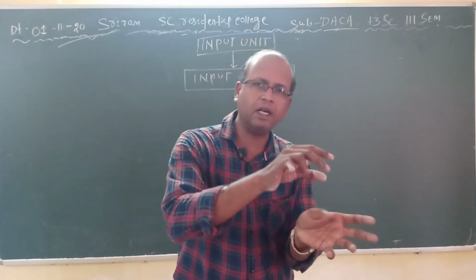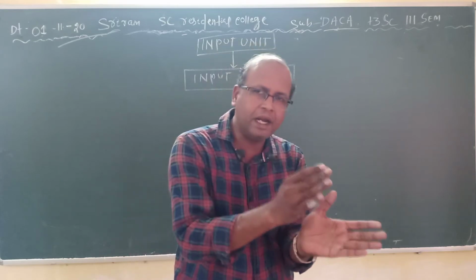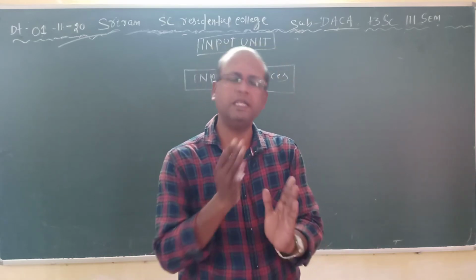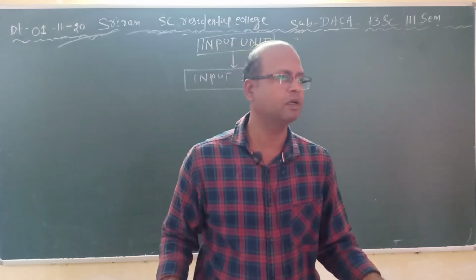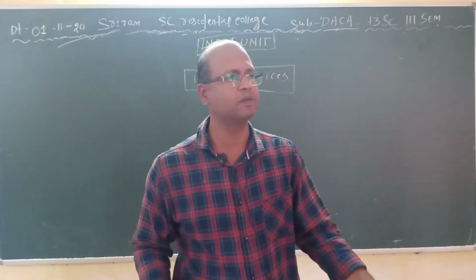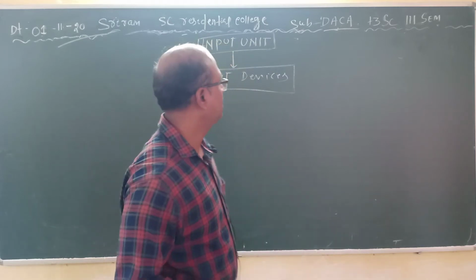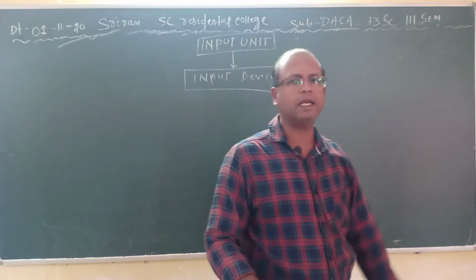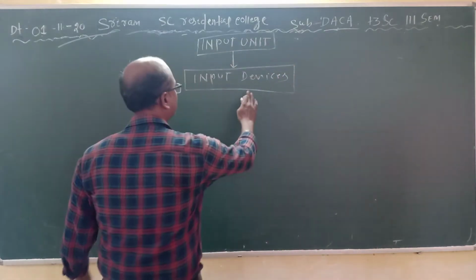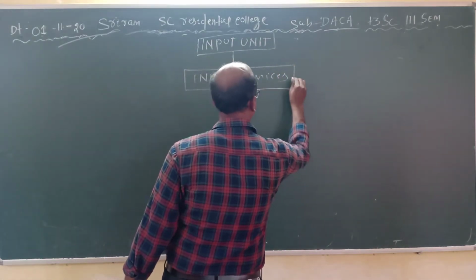We enter the data into the system. This entering style, or entering mechanism, is classified into two types. One is the human data entry type, another kind is the source data entry type. So input devices are further classified into two types.